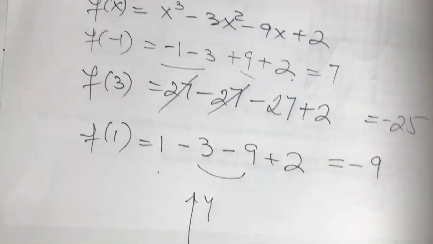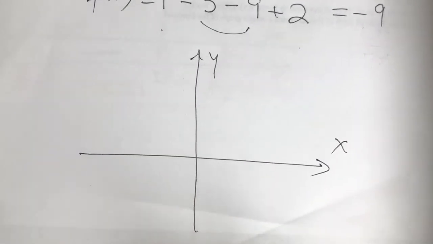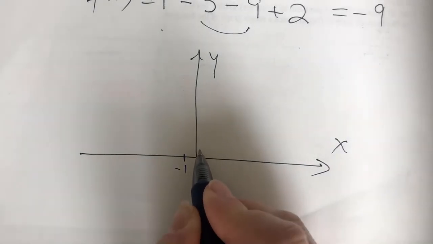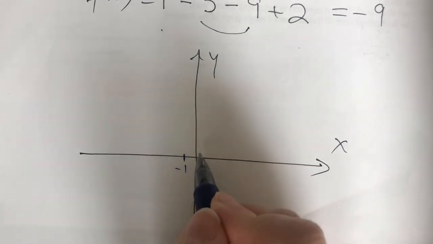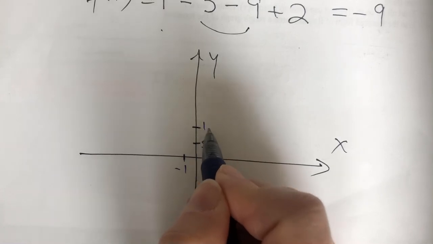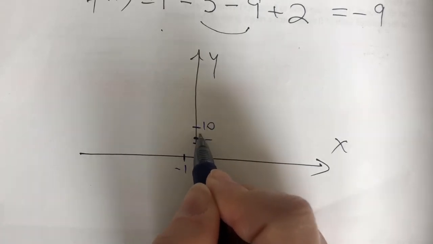Okay, so I'm placing them on the xy plane. And here it is. So I have the point of coordinates negative 1 and 7. And here I'm going to go by 5s. So 7's about here.